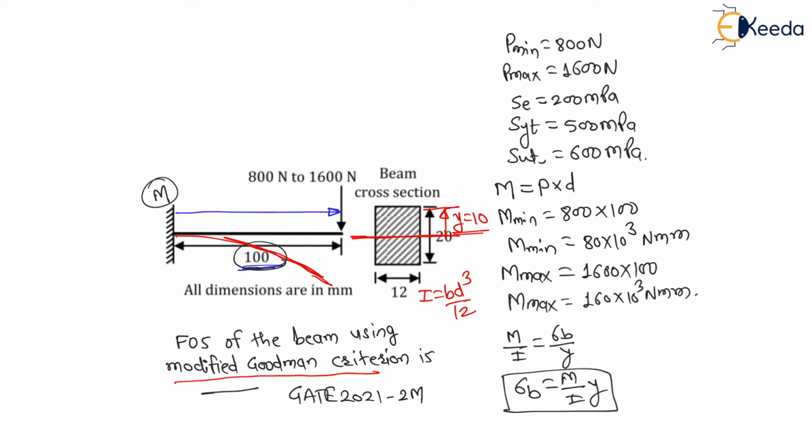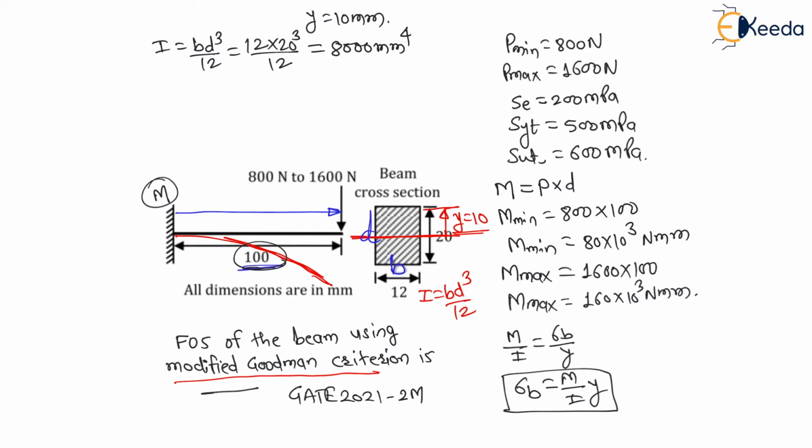Let us find I and y first. y is 10 mm, and I is b d cube divided by 12, where the base b is 12 and the height d is 20. So I is 12 into 20 cube divided by 12, which gives I equal to 8000 mm to the power 4.